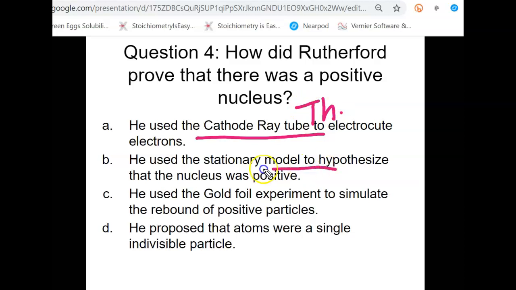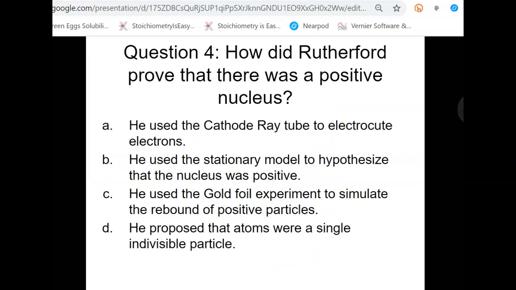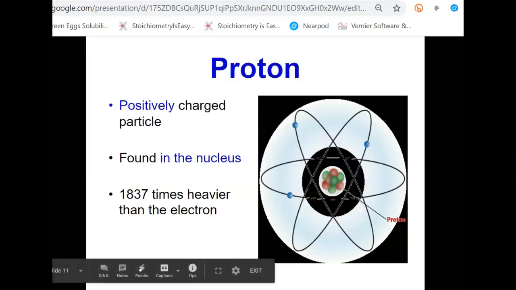He used a stationary model to hypothesize the nucleus was positive. Is that what the model was called, stationary? Or is it better put that he used a gold foil experiment? I think that was the correct answer. The single indivisible particle, that was Dalton. Did you get the right answer? I hope so. Okay, we're going to move ourselves along.